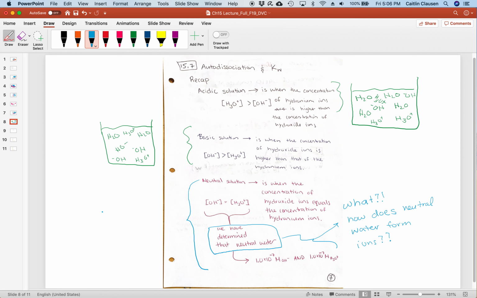It actually has equal amounts of OH minus and H3O plus.